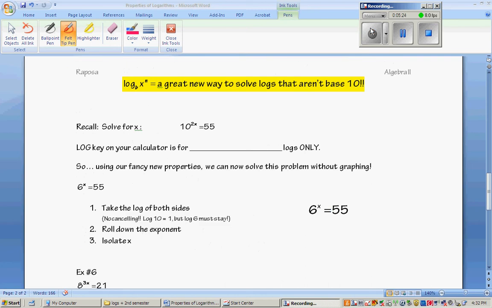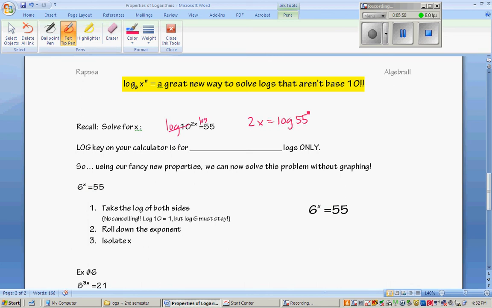Moving on to the back page, though, we can use log base b of x to the n as a great new way to solve logs that aren't in base 10. So let's just quickly review what this does. 10 to the 2x equals 55. Normally, we would take the log of both sides. The log of 10 is 1, so it would cancel that out, and we would get 2x equals the log of 55.